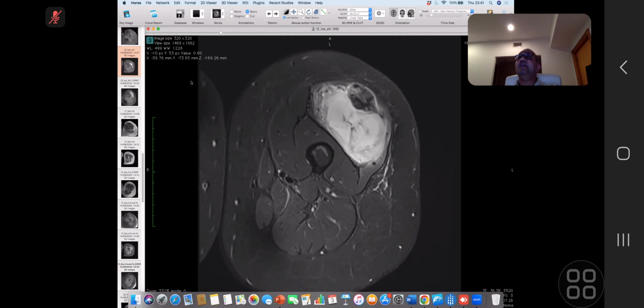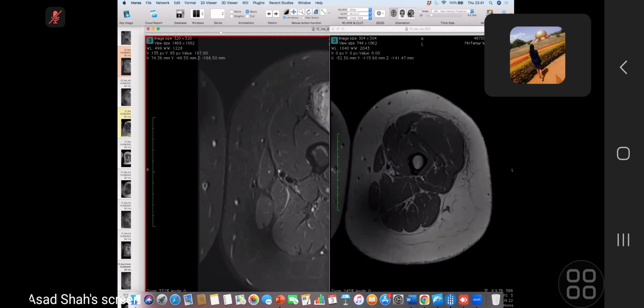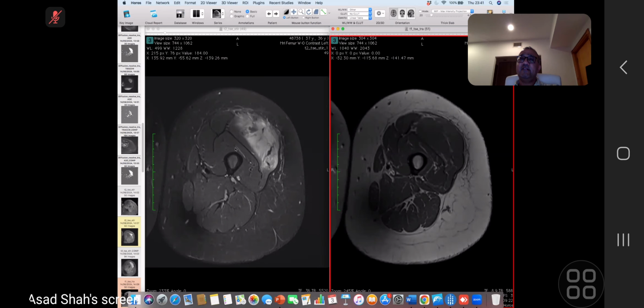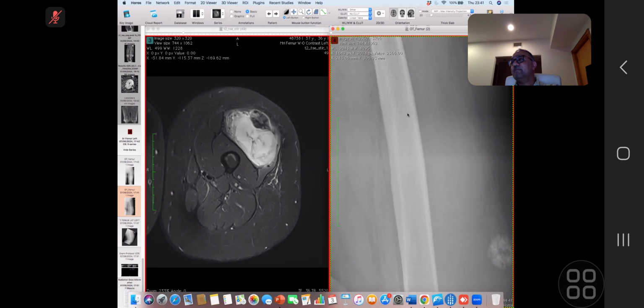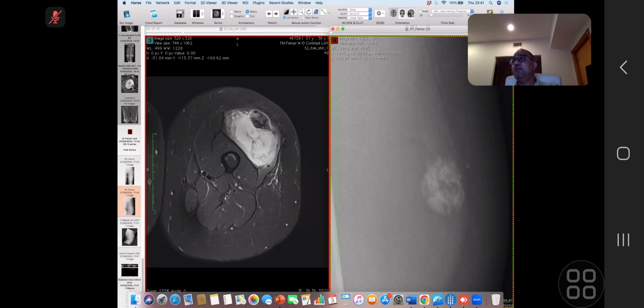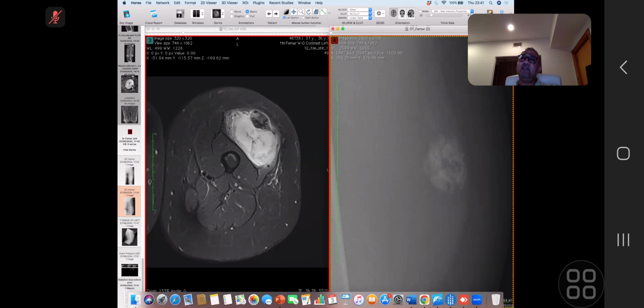What did we see on X-ray? Areas of sclerosis. Area of sclerosis or calcification or bone formation, whatever you want to call it. Because if you come here, there was this kind of solid density, right? Calcified density. And that's what you're seeing here in the surface of the lesion.